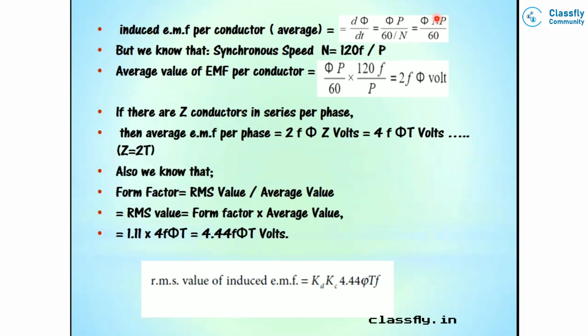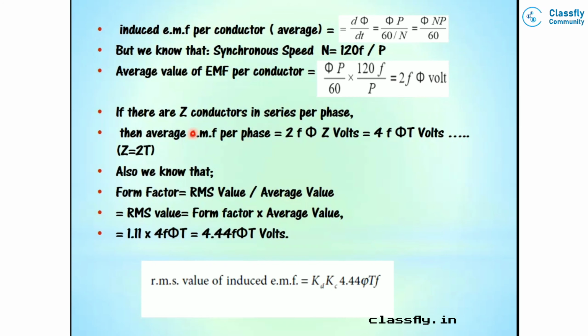In place of N, which is the synchronous speed, we place the value 120 f by P, where f is the frequency and P is the number of poles. When we place this value, 60 cuts with 120 by 2, and P and P get cut. So we are left with 2 f phi volts. This is the equation for one conductor.